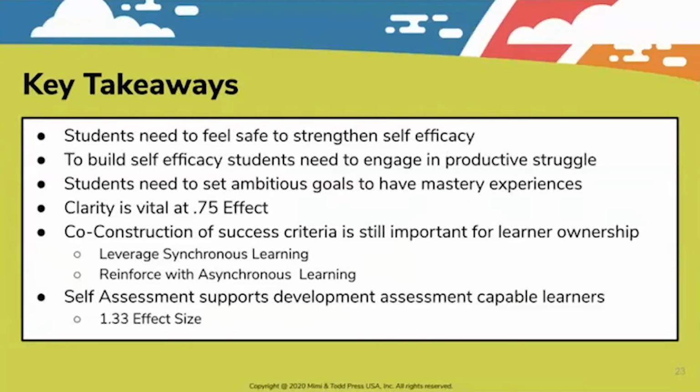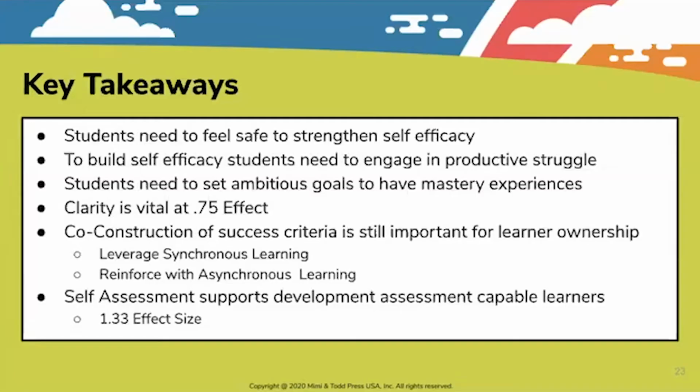So we are going to end with a little wrap up with some key takeaways. The number one thing, students need to feel safe if we want to strengthen their efficacy. So starting with SEL check-ins like you're seeing, to get some data around how kids are feeling, is really important to support their safety.